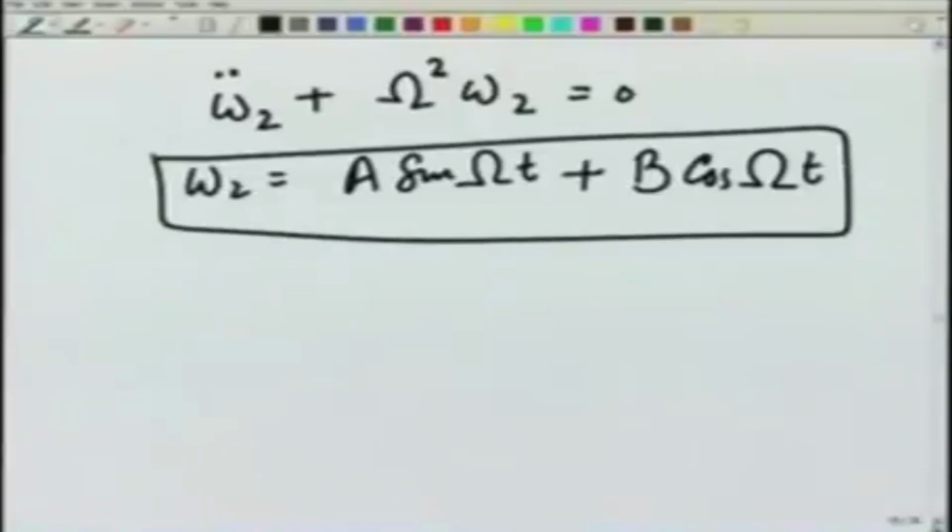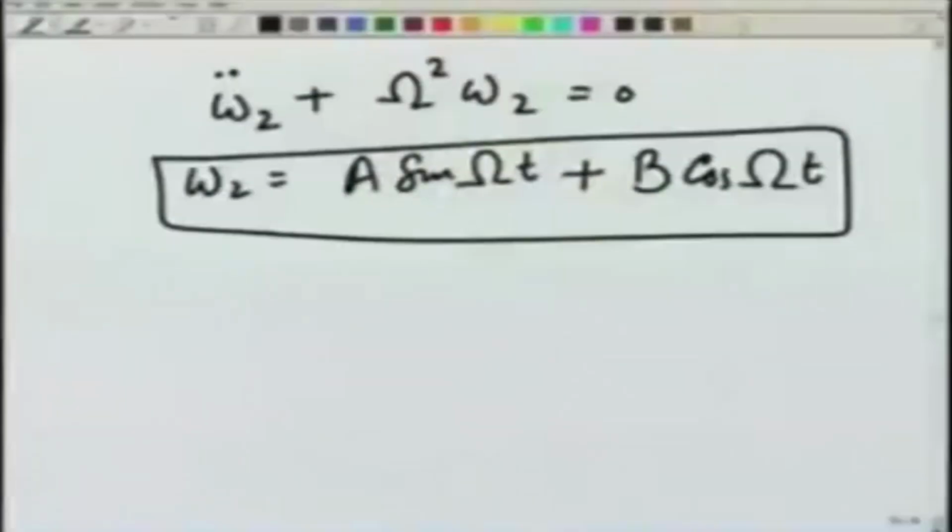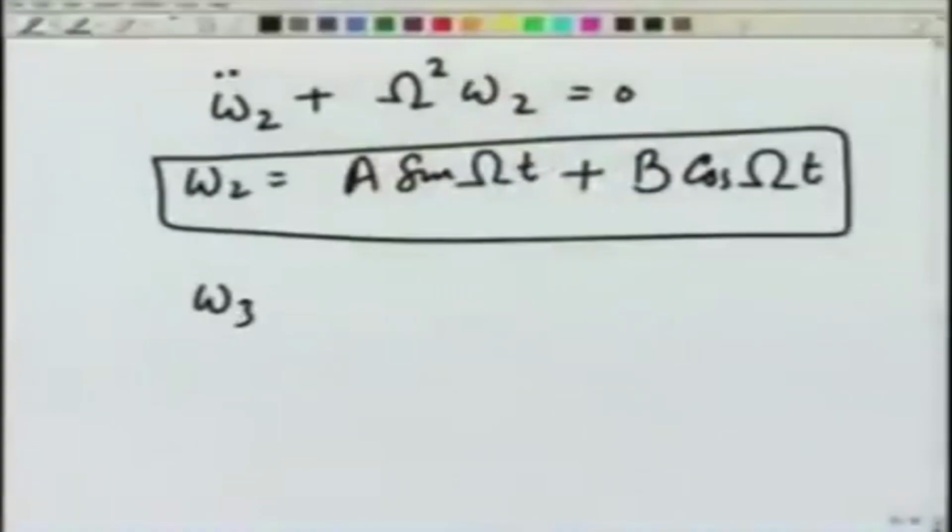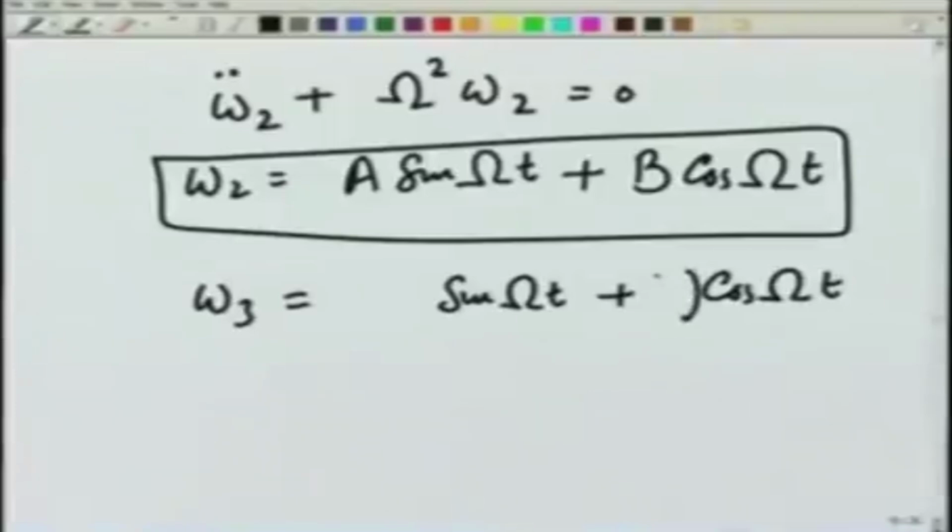So, as the body would fall, omega 1 would be constant, omega 2 would be just changing periodically. How about omega 3? I will leave it as an exercise for you to show that omega 3 would also change in a similar manner, sine omega t plus cosine omega t with some constants in front.